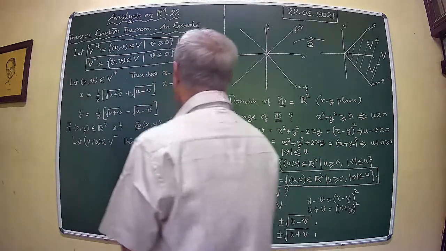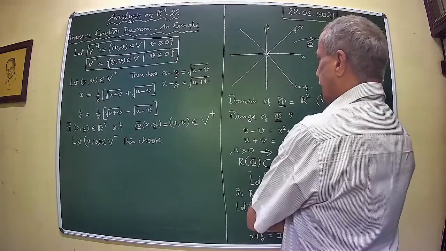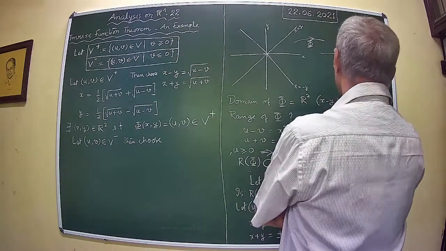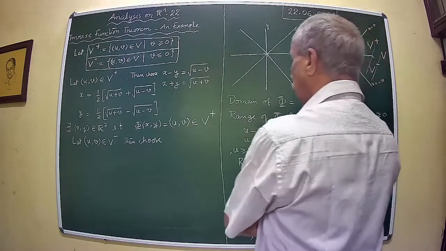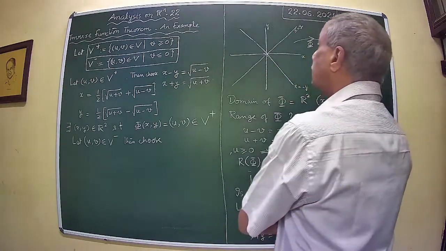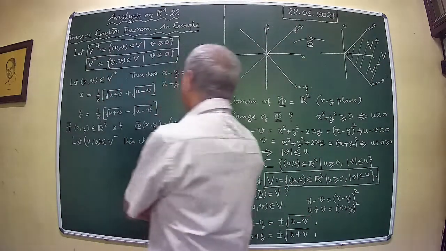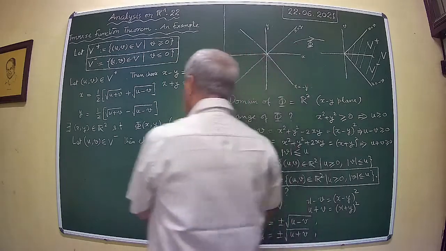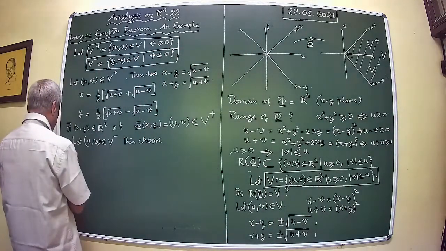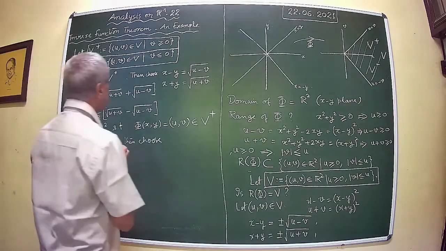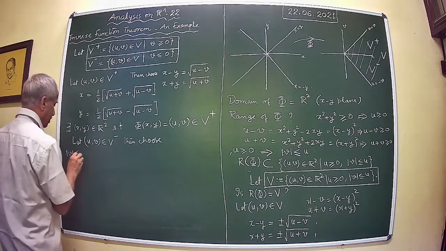Now similarly, you take the case, choose v negative. Again, you see that v is negative, therefore mod v is less than or equal to u.